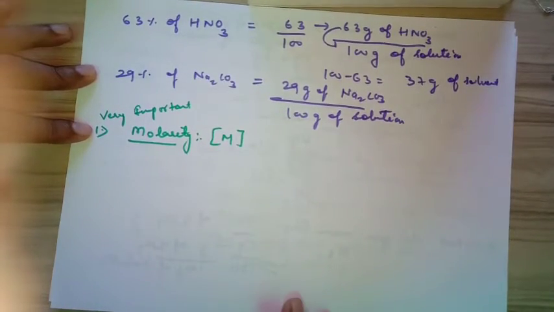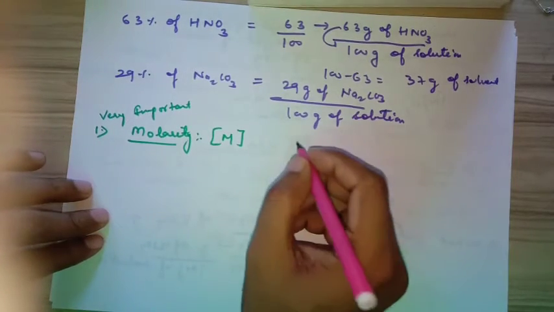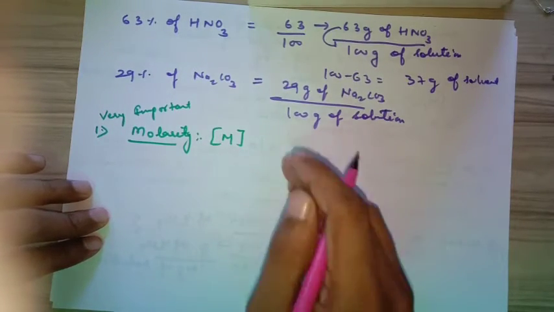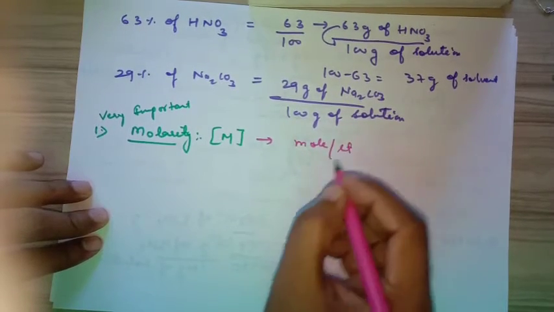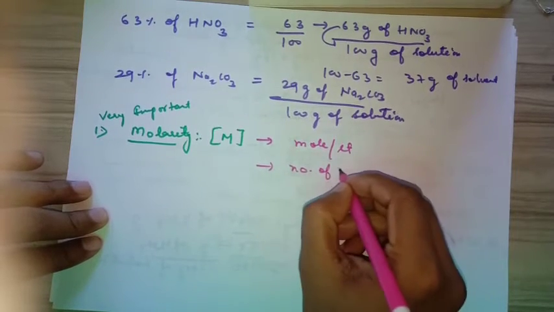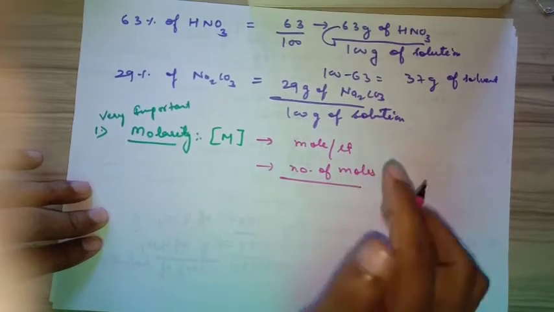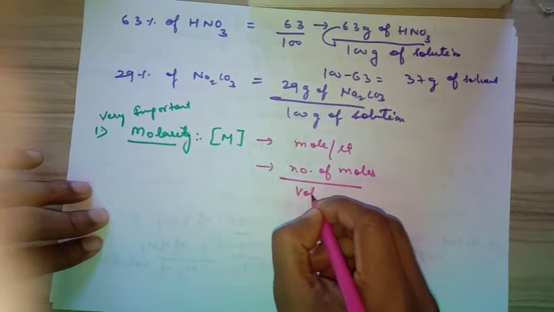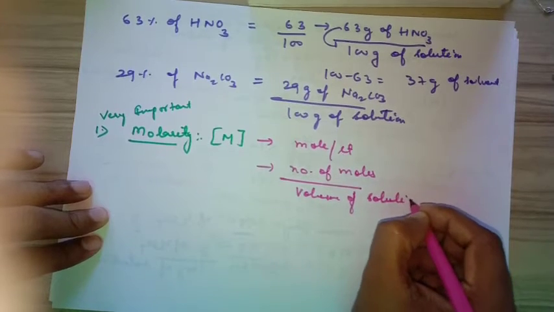It is expressed as capital M. Now molarity is expressed in terms of mole per liter, and here mole is to be told as number of moles. Now we know that liter is volume, so it is volume of solution.